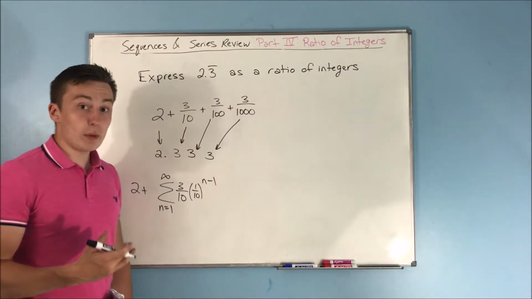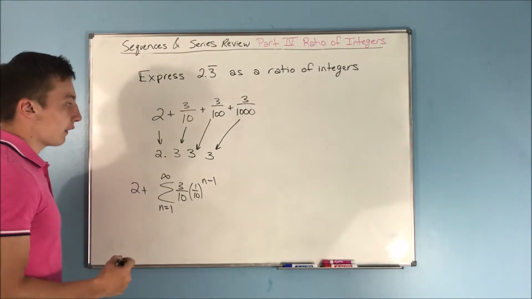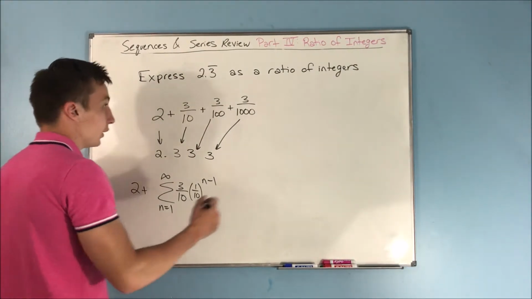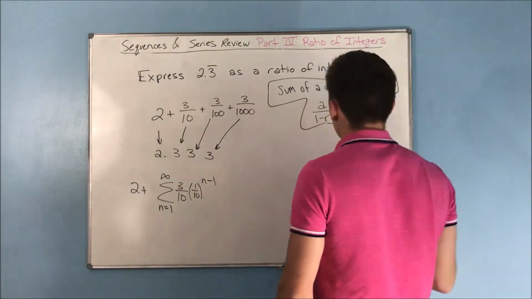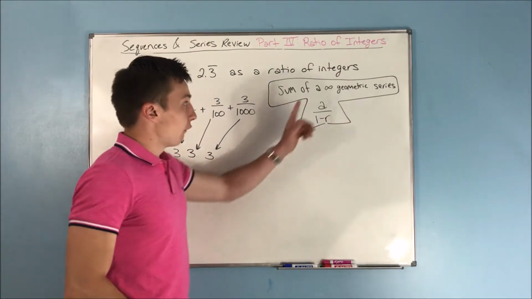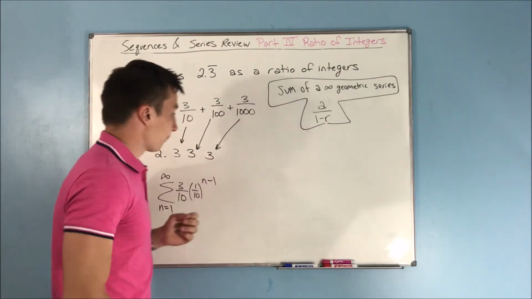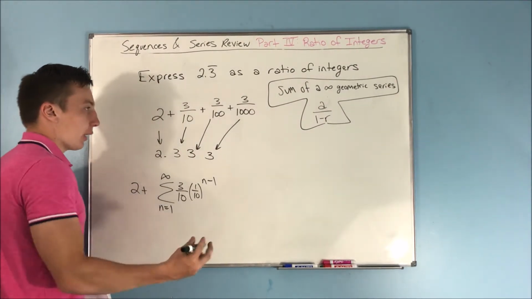Now we need to find the sum of this geometric series. How do we find the sum? Well, the sum of a geometric series is just a over 1 minus r. And remember, that only applies for infinite geometric series. Let's apply that here. We have a 2 plus.